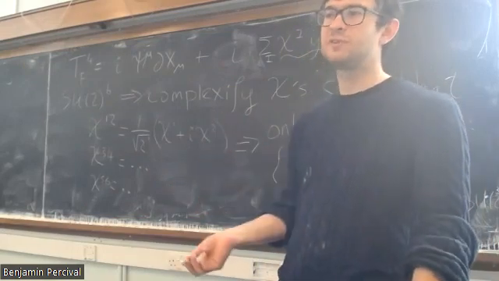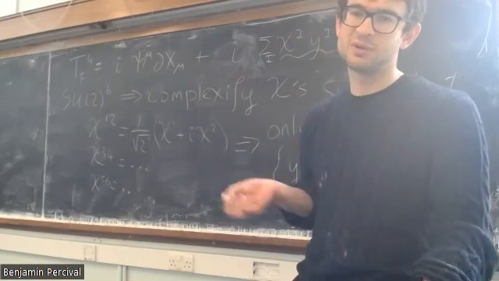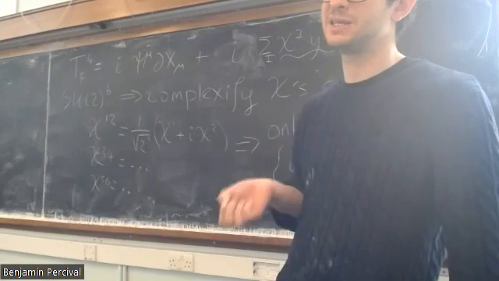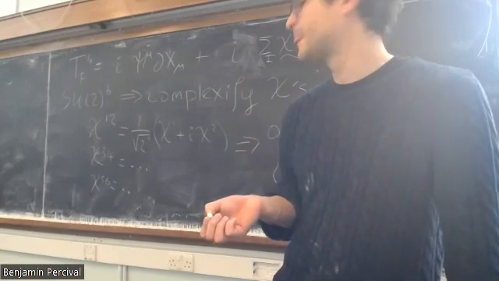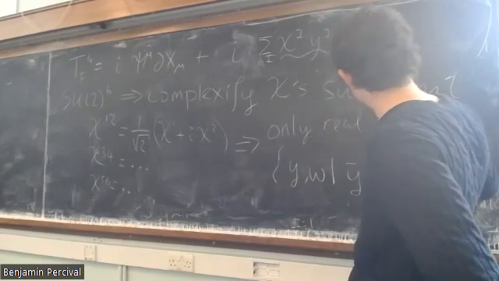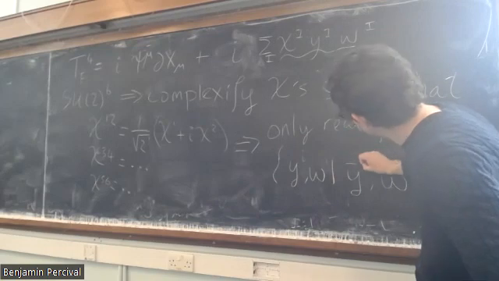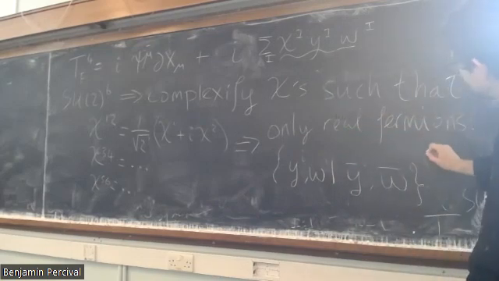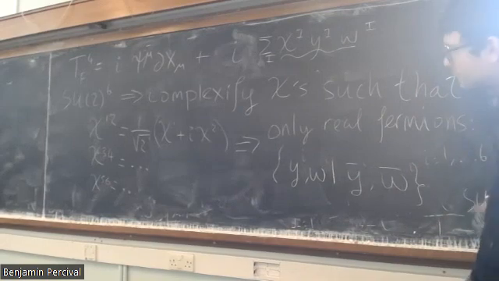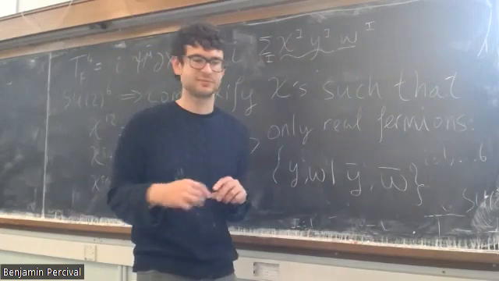On the anti-holomorphic side, we have phi bar, which is complex. We generally will write phi bar as 16 complex fermions. So these are the only real ones, with I from 1 to 6. So we have 12 real fermions on both sides.